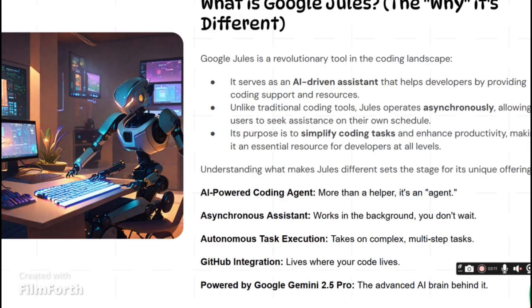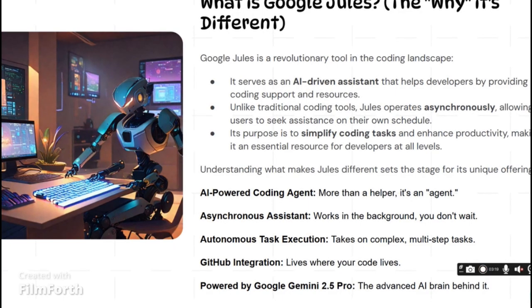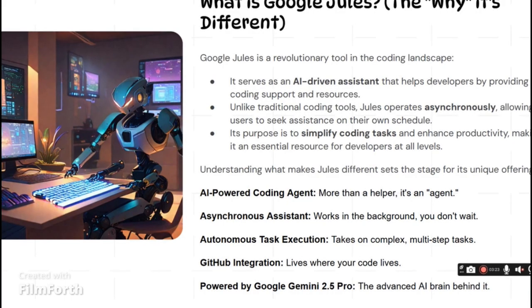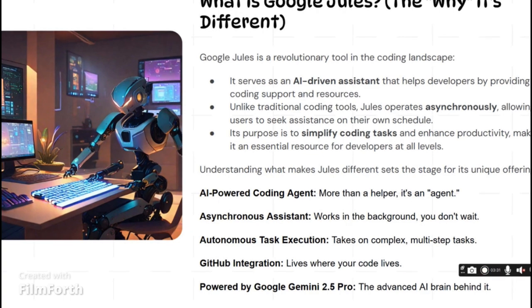Also the second main feature is the GitHub integration. When you connect to your GitHub repository, they read your complete code base. First in the background they read your complete code base. After that, if you give a command to Jules, they work on it accordingly.